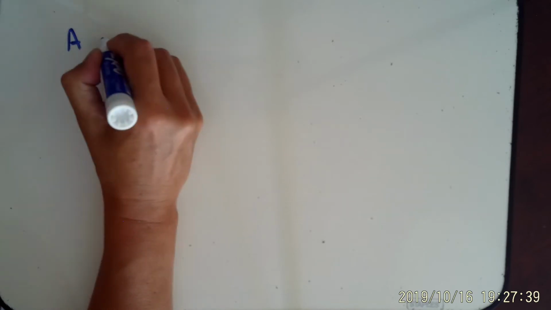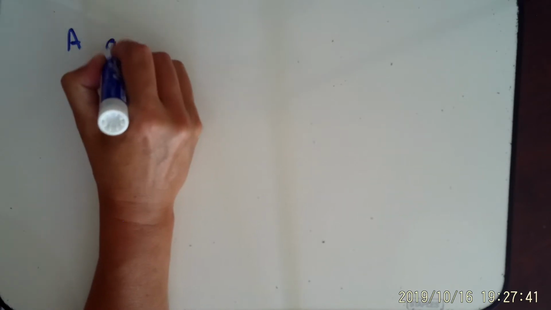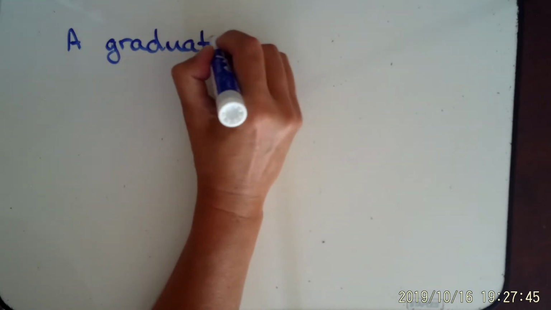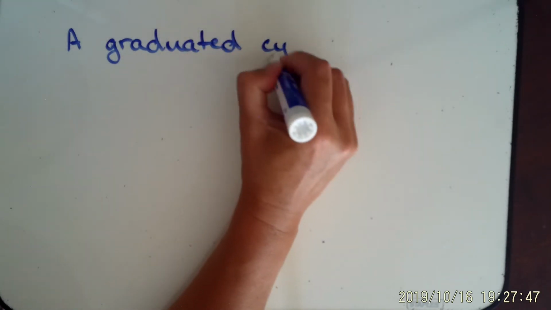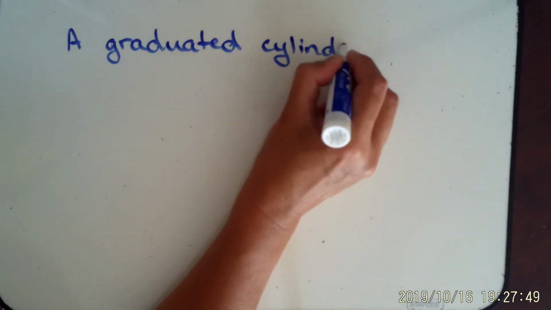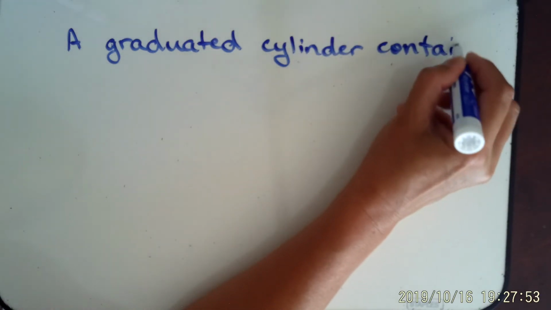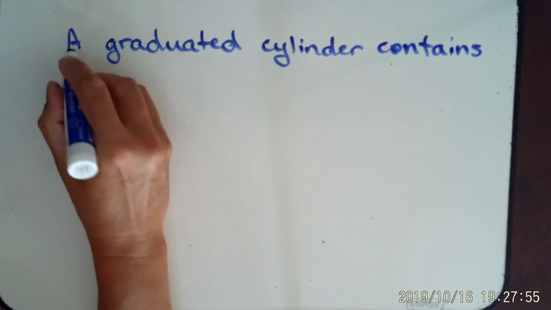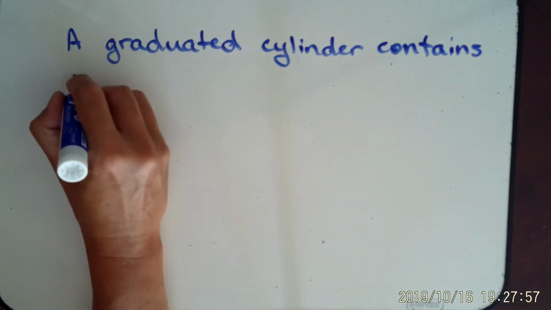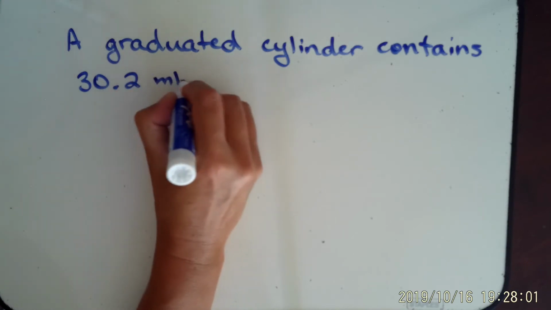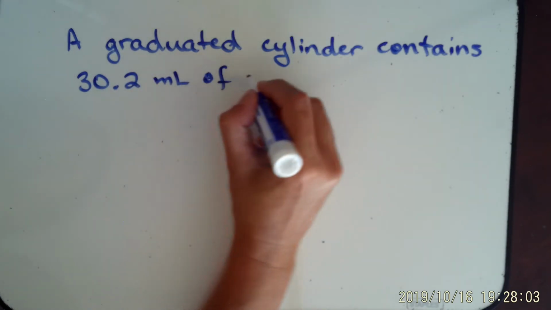A graduated cylinder contains, let's say, 30.2 milliliters of water.